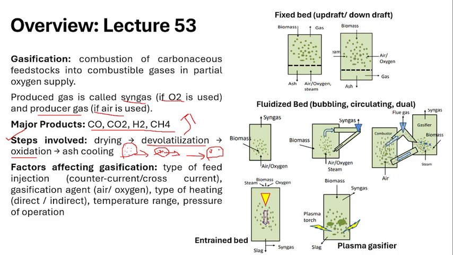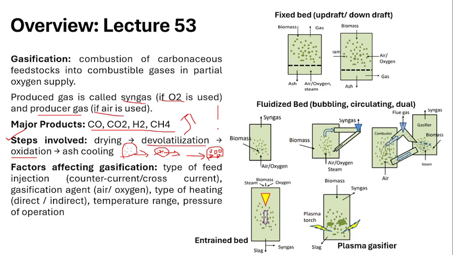The pore size is increased because of the reduction and subsequent oxidation process. This is the major difference between gasification and pyrolysis: there is a reduction process with a subsequent oxidation process, so the pore size will be higher.